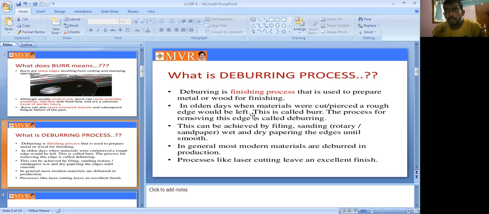In olden days there was no technology, so they cut the material and used the part as it was. After cutting, we can see the edges are very rough, and then the burr forms there. This is called a burr, and the process for removing these edges is called deburring.